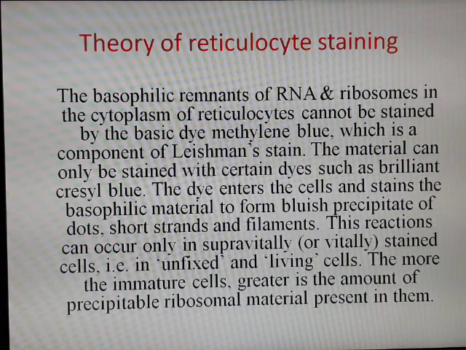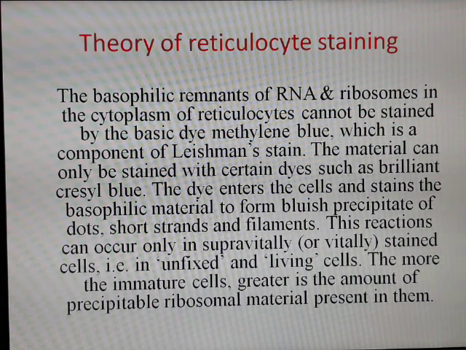The dye enters the cells and stains the basophilic material to form a bluish precipitate of dots, short strands and filaments. These reactions can occur only in supravitally stained cells, that is, in unfixed and living cells.